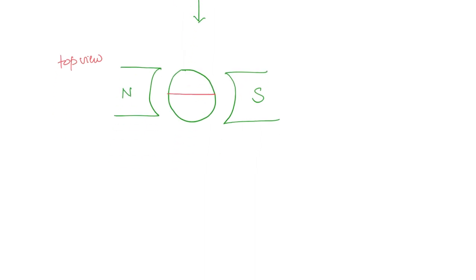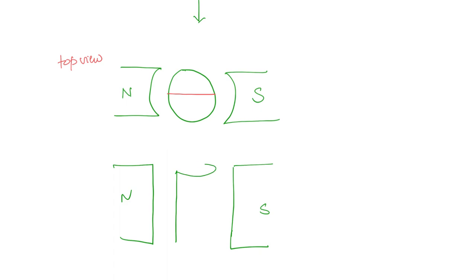If this is the north pole and this is the south pole, then the cylindrical structure you can imagine like this. Okay, now where is the coil? The coil is going to be wound about the rotor, right? So this is how the coil is going to be.